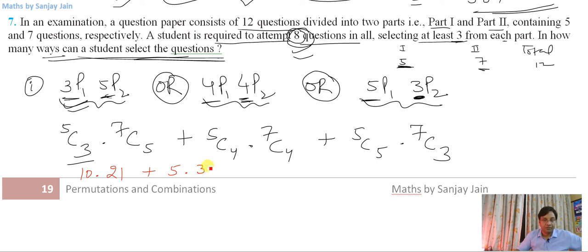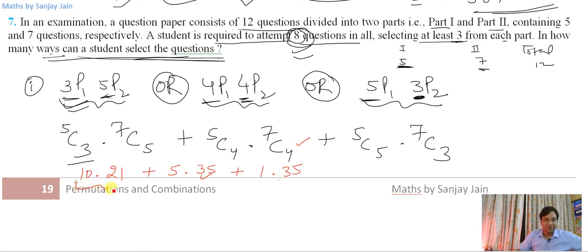So it is 35. I hope the calculation is correct. You need to confirm it yourself also. 5c5 is 1. 7c3 I think we have already calculated, which is 7c4, that is 35. If this is correct, then this is also correct.